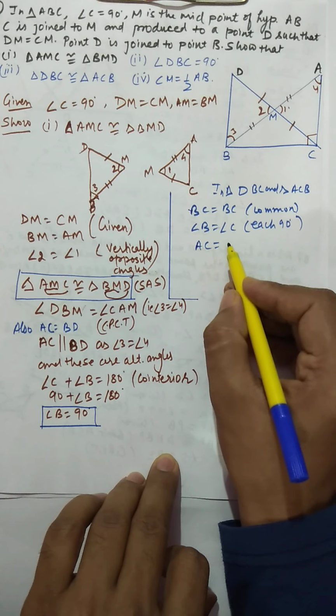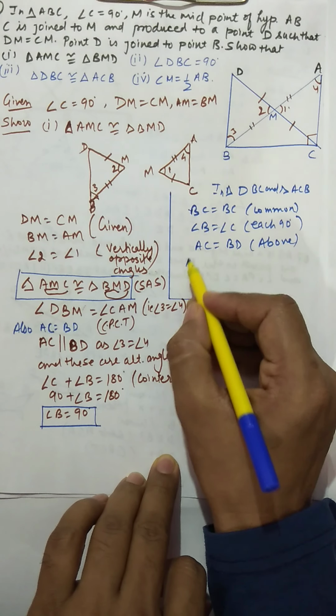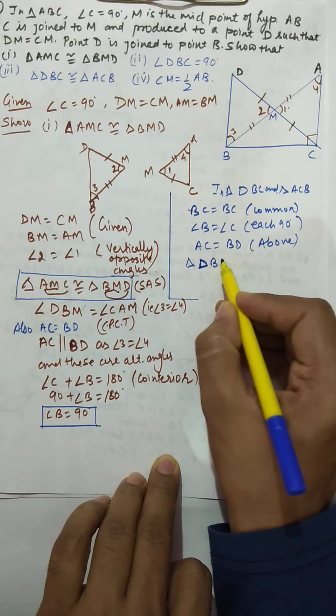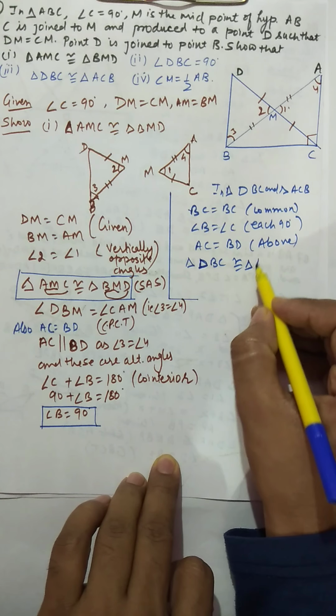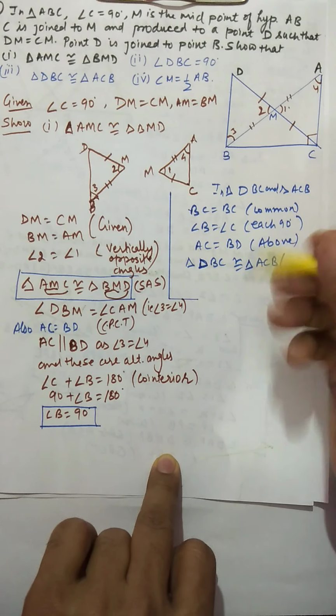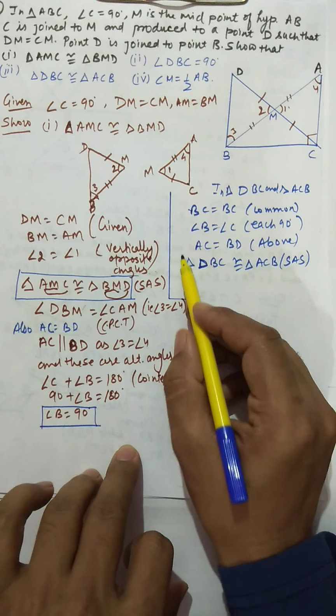This AC is equal to BD, you can write here above. So these two triangles, triangle DBC is congruent to triangle ACB, and the criterion is side, angle, side. So this is our third part we have proved.